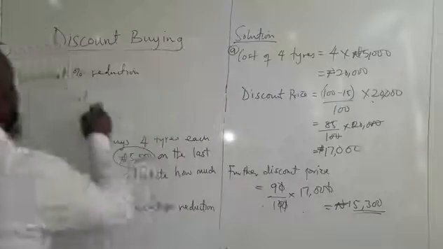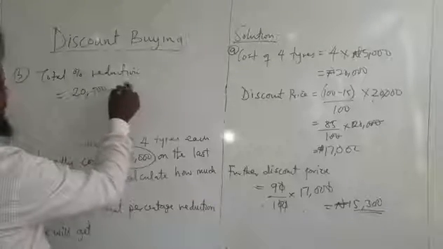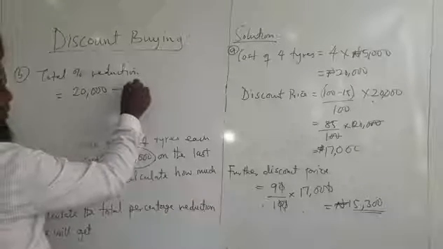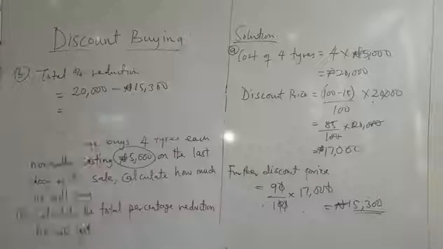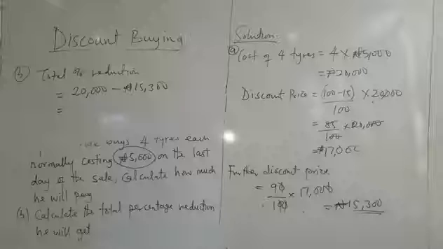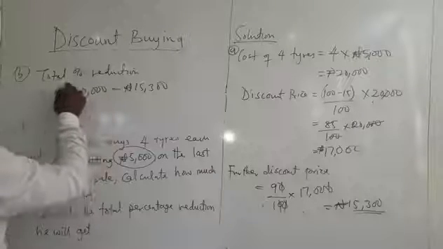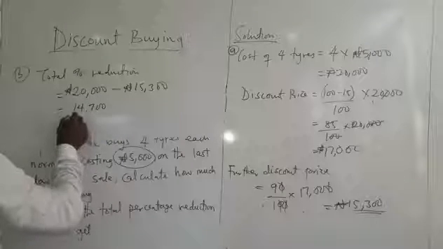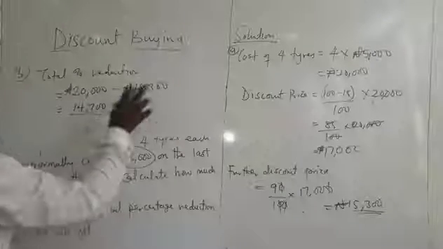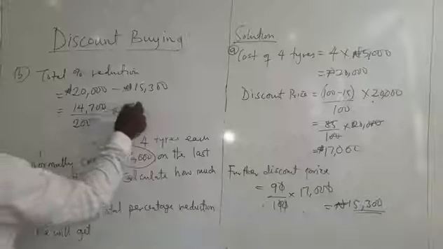Let's subtract. So that will be 20,000 minus 15,300. That gives 4,700. Right? So divided by the original, which is 20,000, multiplied by 100.